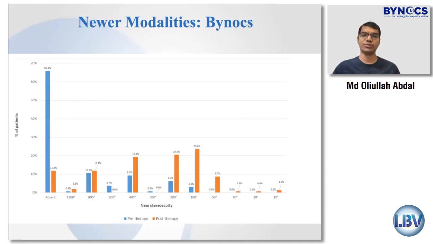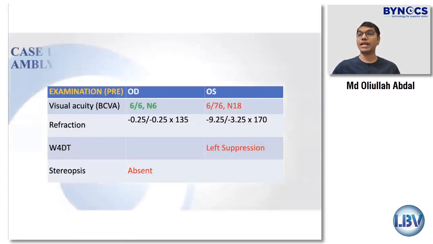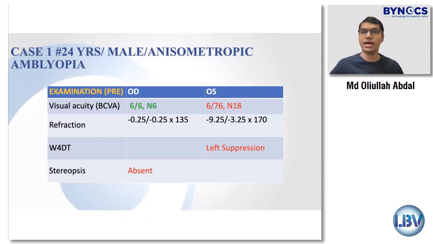So there are classical cases to discuss today. I discussed this last time also at the Gurgaon branch, but this is very classical. In routine OPD, we see a lot of patients coming with this kind of scenario.